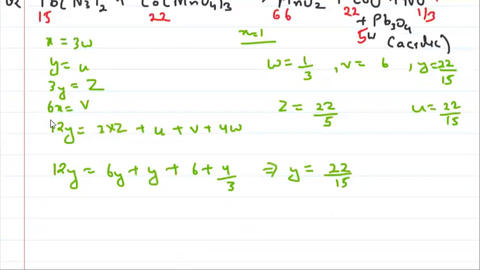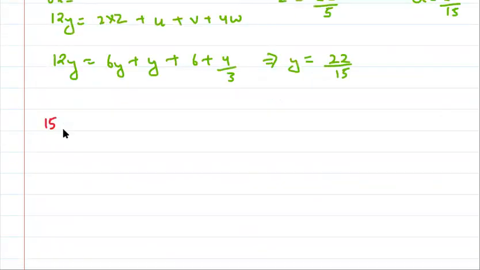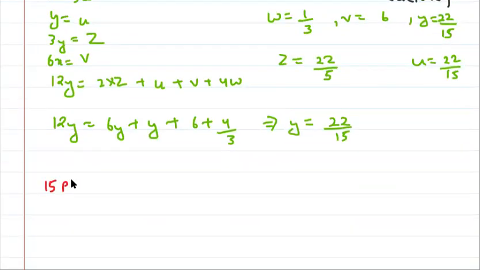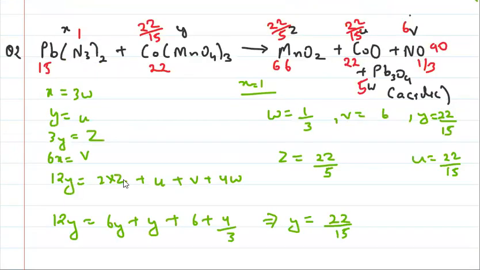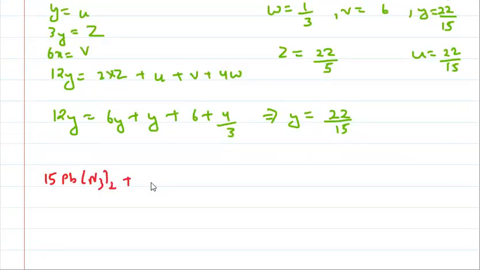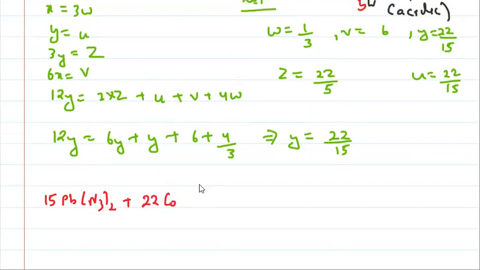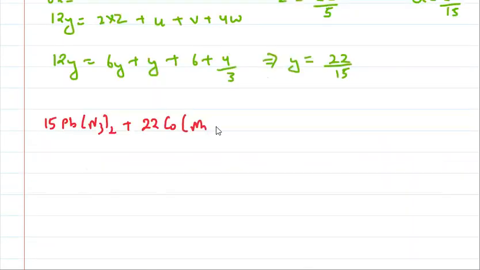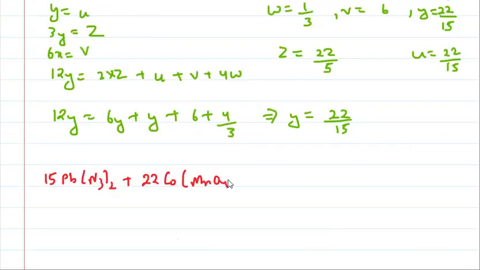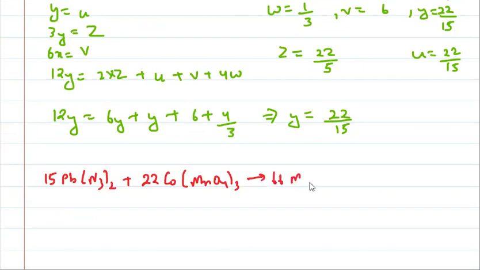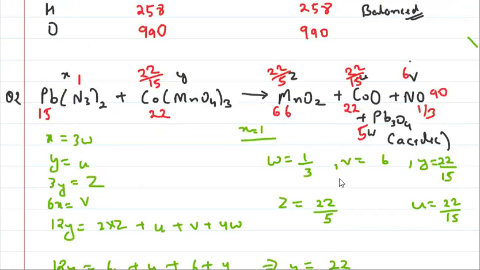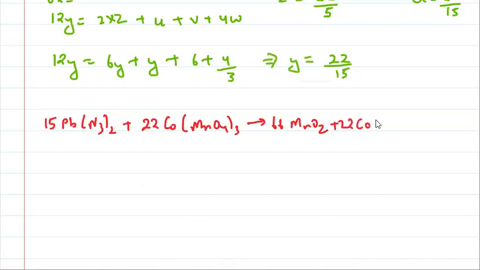Balanced. So the balanced reaction is 15 Pb(N3)2 plus 22 Co(MnO4)3 gives 66 MnO2 plus 22 Co3O4 plus 90 NO plus 5 Pb3O4.